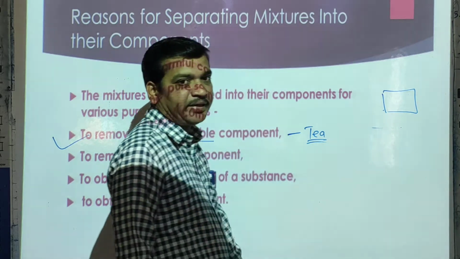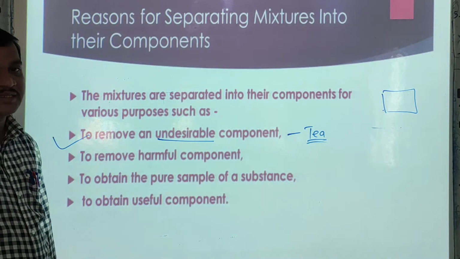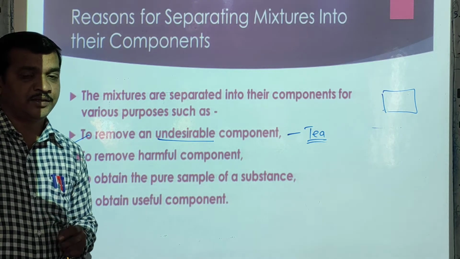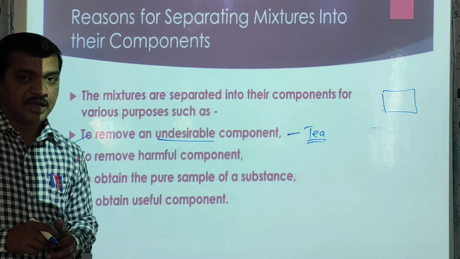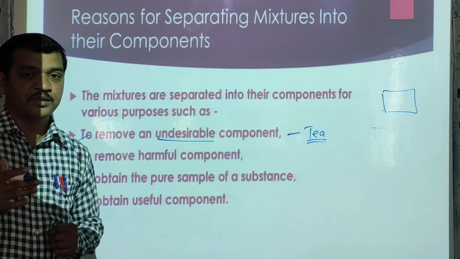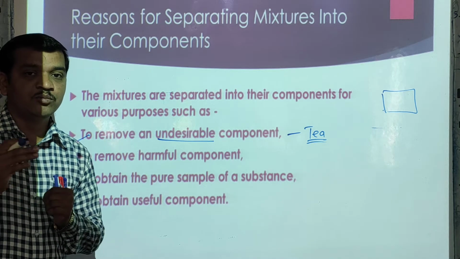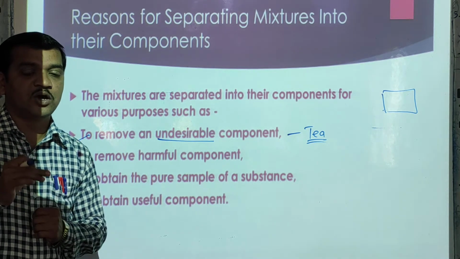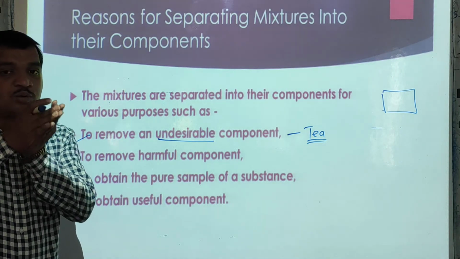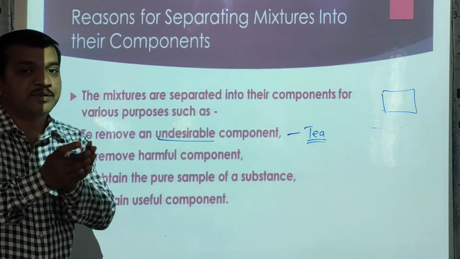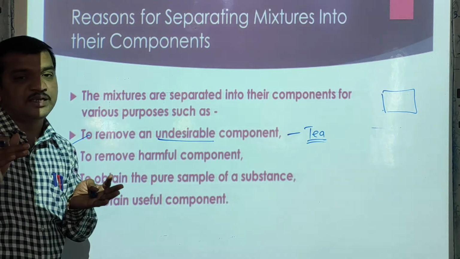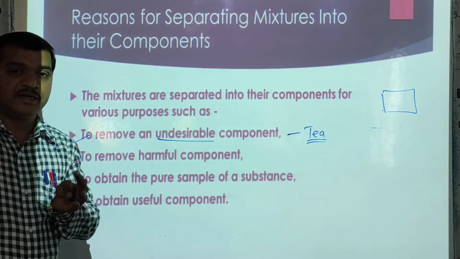After making tea, we want just the liquid of that tea. So we filter the tea, and the tea powder after boiling we remove with the help of a filter or strainer. That tea powder we don't want, that is the undesirable, unwanted substance, that we remove from the tea and we drink it.